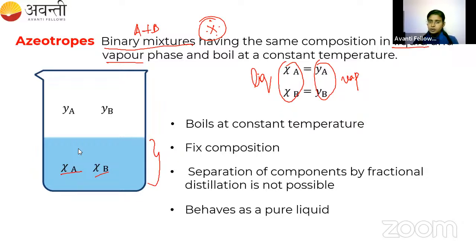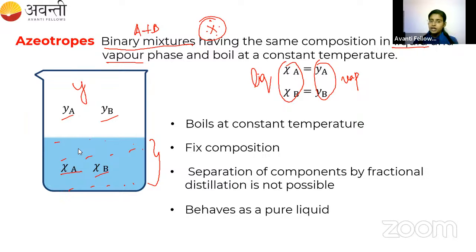Now this is a liquid, and I have two components in this liquid, I mean in the solution, in which the mole fractions of the two components A and B are denoted by the letter X. Now, if this liquid is producing vapor, then the mole fraction in that vapor phase is denoted by the letter Y. It is called YA and YB.